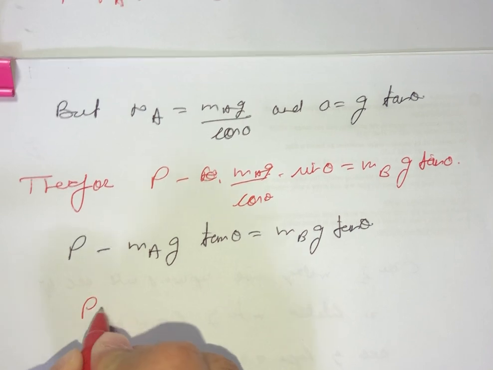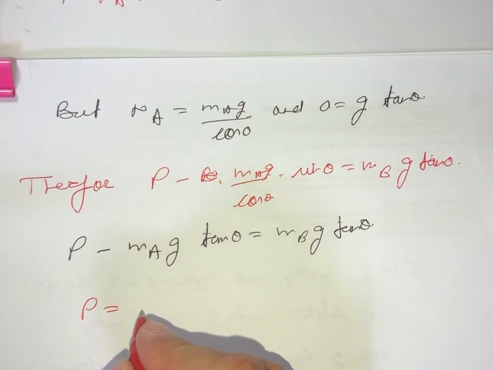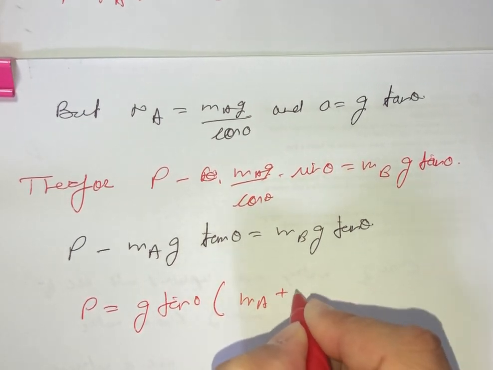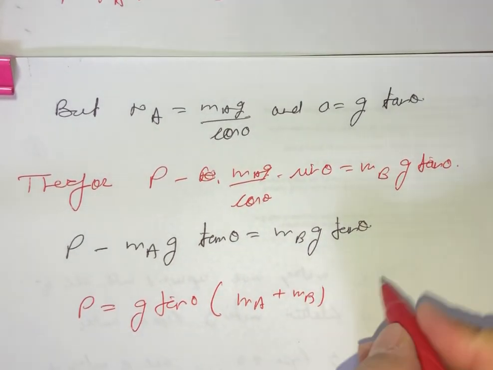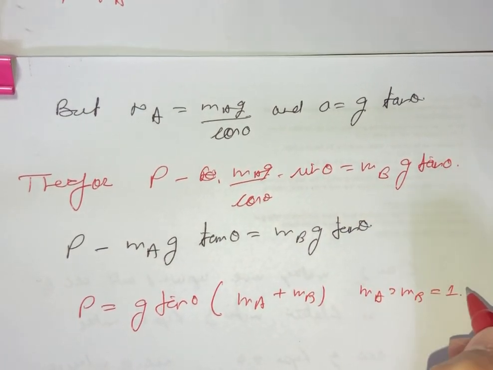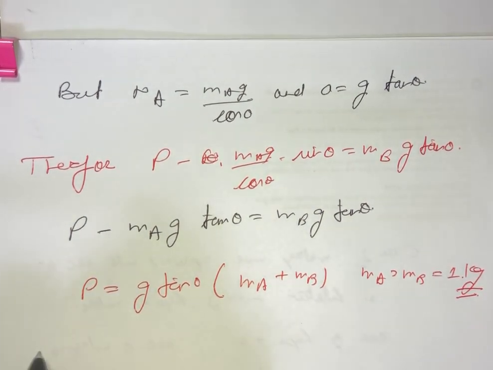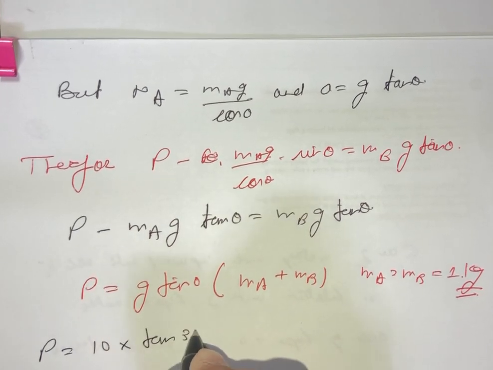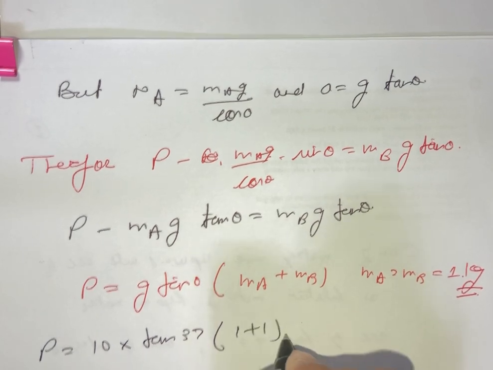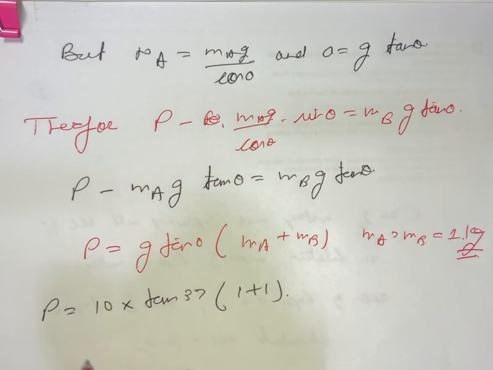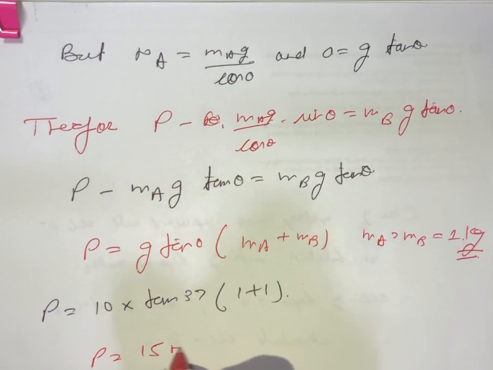You can say that P is equal to G tan of theta times MA plus MB, and it is given that both masses are the same, that is 1 kg. We substitute the values: G is 10, tangent of 37, 1 plus 1. So from here we get the value of P as 15 Newton.